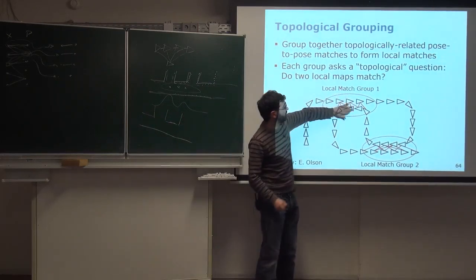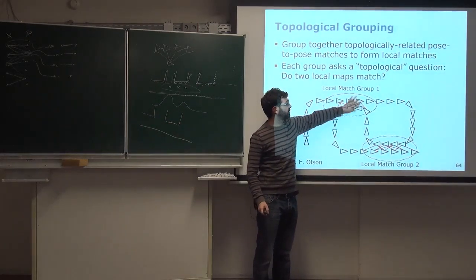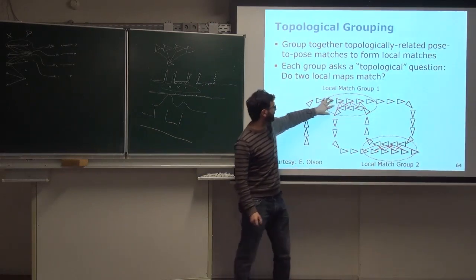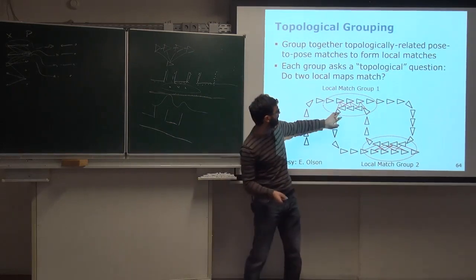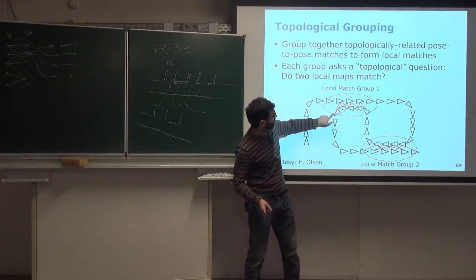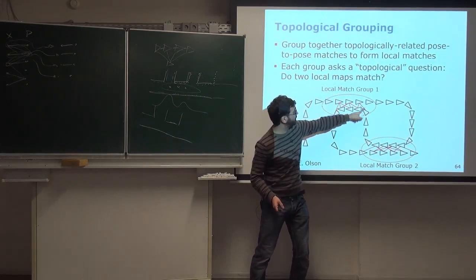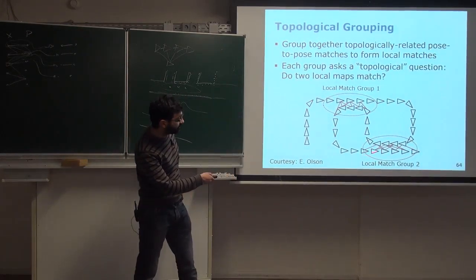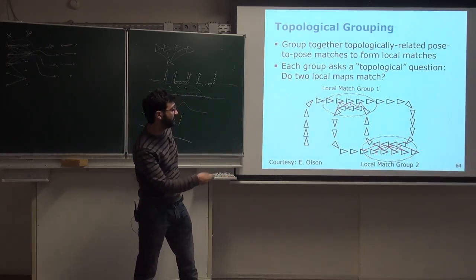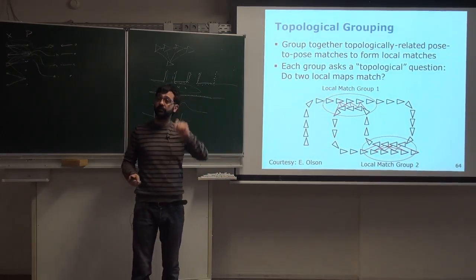And you do it for both cases, so for each of these matches, you do it for both cases. And when there is no match any longer, you just remove them. So in this case, the poses which are in this group will be these 5 here, plus these 3 here. And down here will be the same, like 1, 2, 3, 4, 5, these 6, and these 4. Okay? So they all belong to one group.